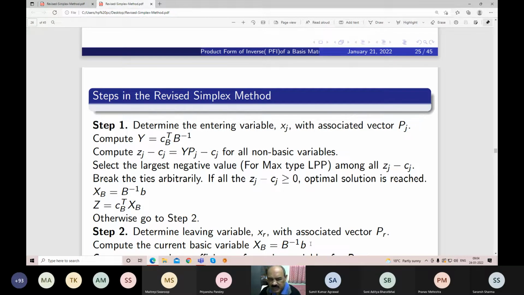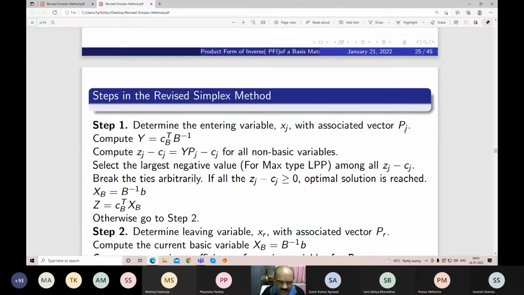with the associated vector Pj. See, from these vectors P1, P2 up to P M plus N, whatever it may be, these are the vectors with respect to basic variables and non-basic variables.